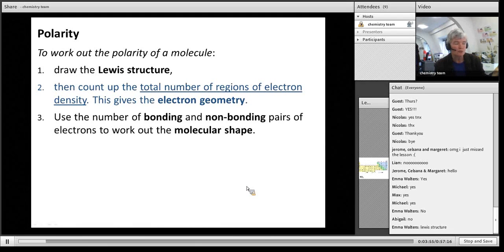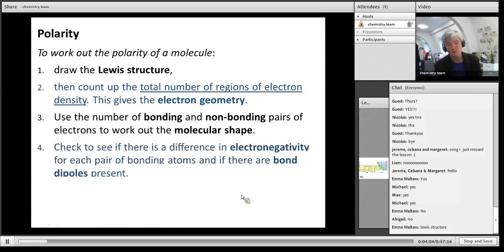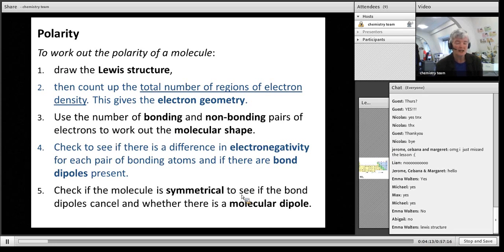Then you can work out the molecular shape. Then you look to see if the bonds are polar, by looking at the electronegativity, and then you check if those bond dipoles are going to cancel each other out.